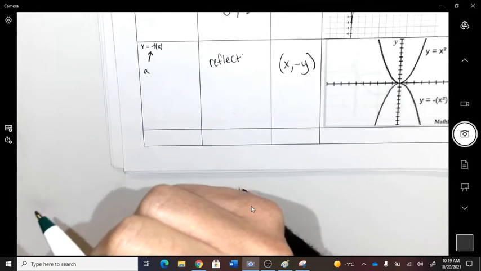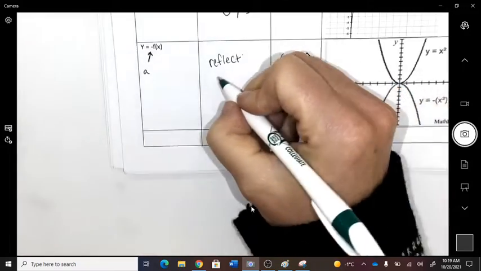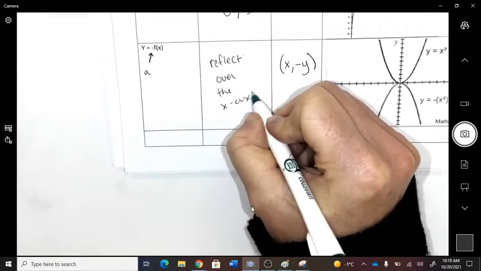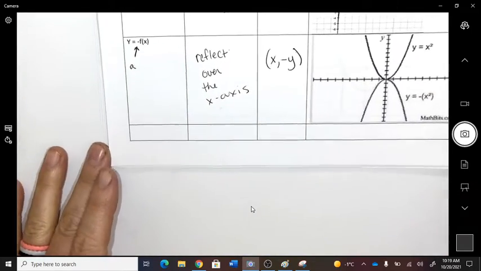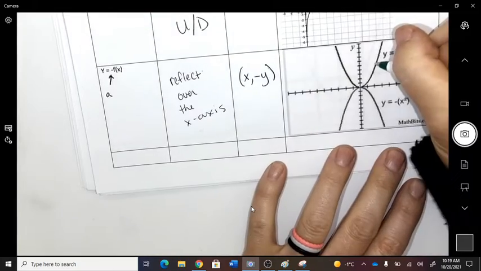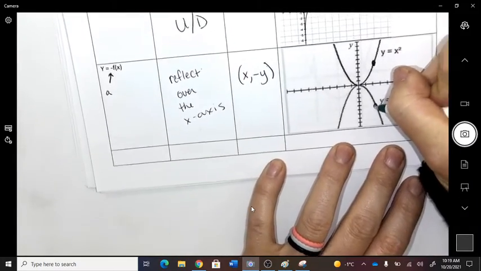I'm not going to give you full points. It reflects how? Over the x-axis. There's your visual. So something there changed to there.